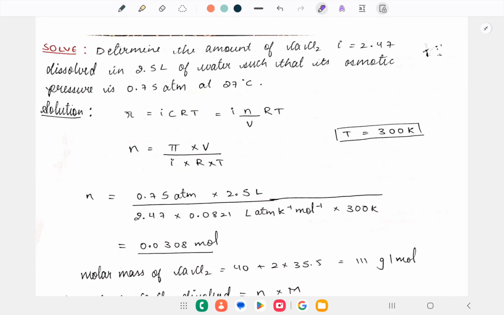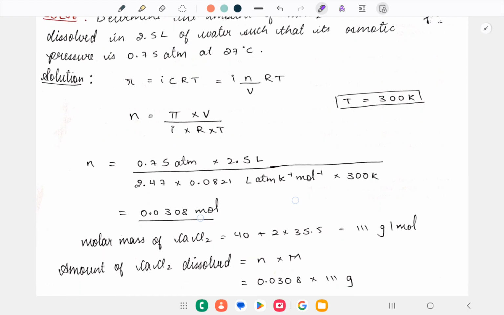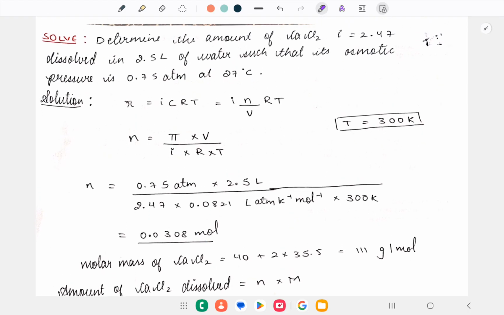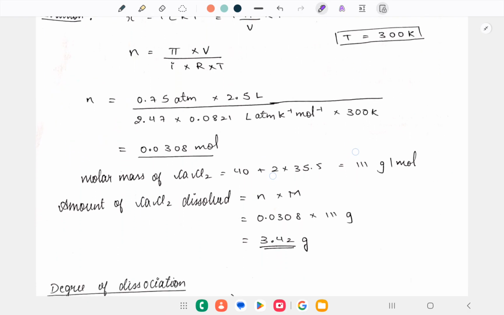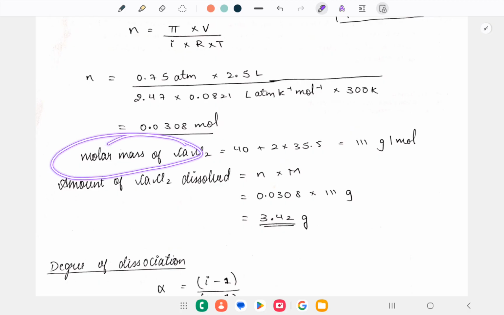Let us solve a question. The question is that we have to find out the amount of CaCl2 which is mixed in 2.5 liters of water such that its osmotic pressure is given. So we know the formula of osmotic pressure, and they have already provided us with the volume and the value of temperature, and we have to find the number of moles first, and then we can multiply the molar mass with the number of moles to obtain the amount of CaCl2.